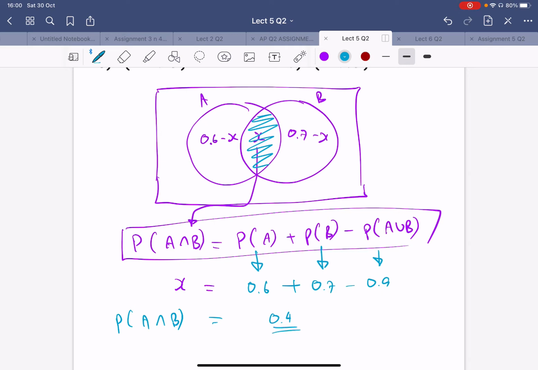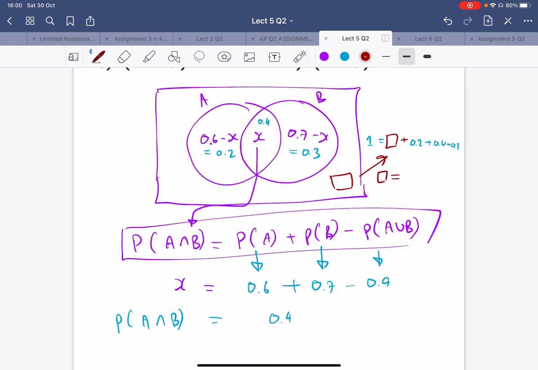So now I can fill everything in. This is 0.4. Therefore, this will be 0.2, and this will be 0.3. Now let's find the outside. If I add all this, 0.2, 0.4, and 0.3, I should get 1, which is the total probability.